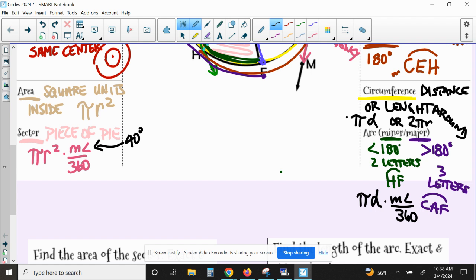So it's basically the fractional part of the circle that you want. And we are going to do those last 2 examples and then we have everyone here tomorrow. Okay? But we are gluing this onto page 60. Gluing onto page 60.